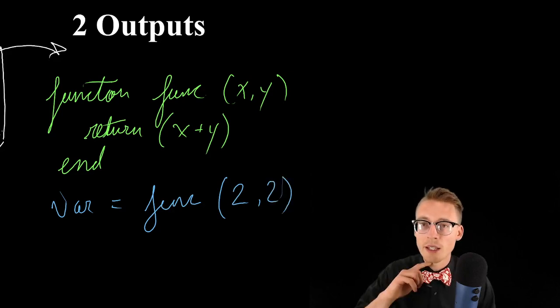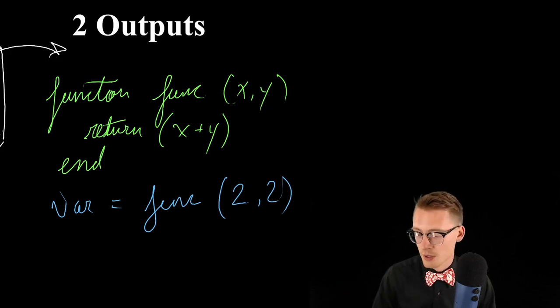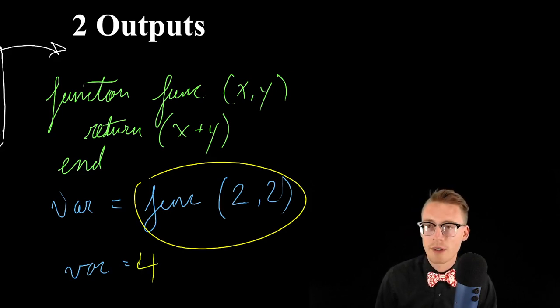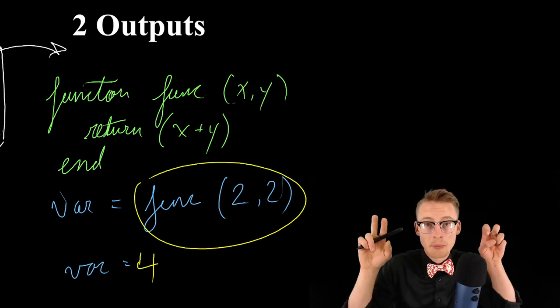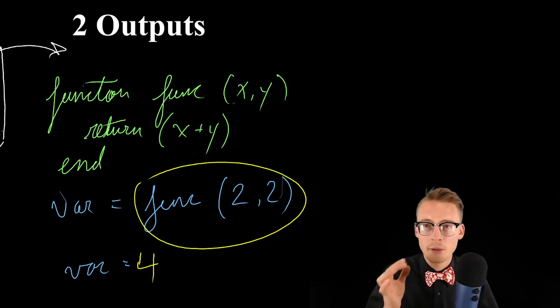What'll happen then is as the interpreter goes through this code, it will eventually take func and substitute it out for 4, right? And so you will eventually have a 4 there, and then the 4 will get dumped into the box called var. Okay, I hope that makes a little bit of sense.